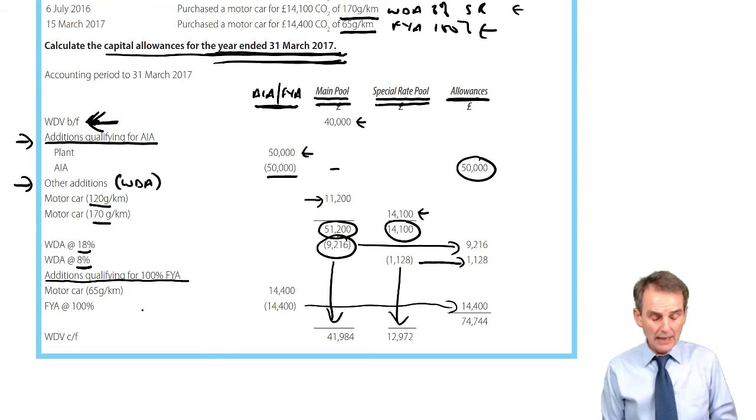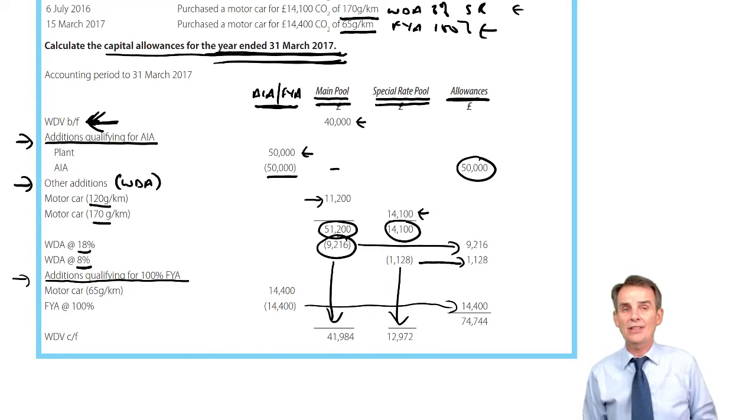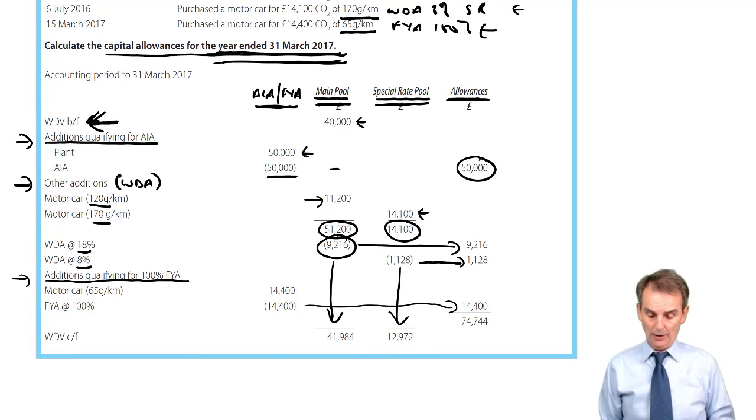Once you've dealt with the WDA, additions then qualifying for FYA. So in this example, we've got examples of all three types of allowance that you may have to claim, whether it's AIA, whether it's WDA, whether it's FYA. Obviously there then at the end to tidy up, what are the tax written down values to carry forward.